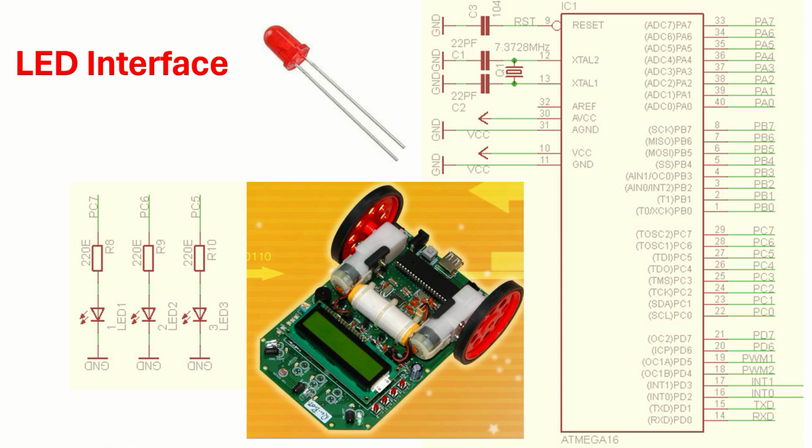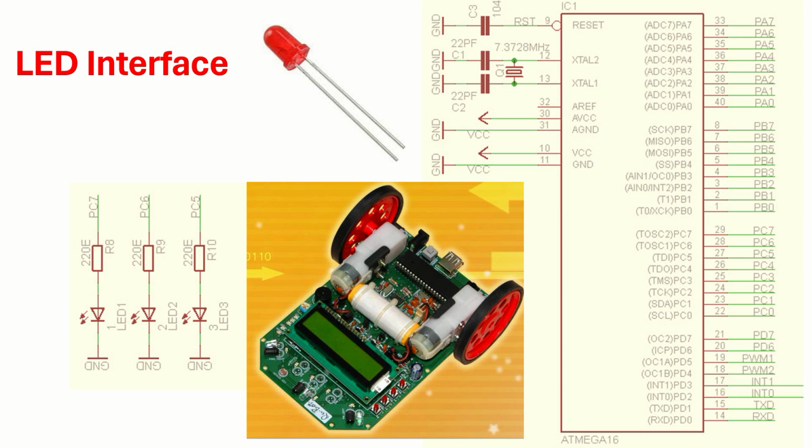In general, most LEDs, I'm talking about 3 mm, 5 mm LEDs, can pass only 10 milliamperes of current. That's for maximum brightness.